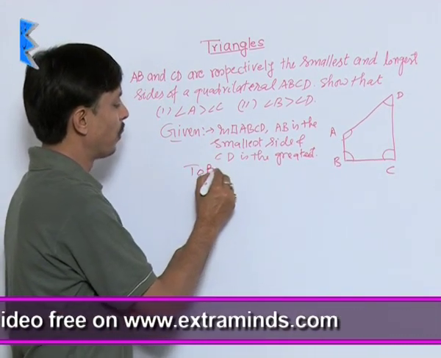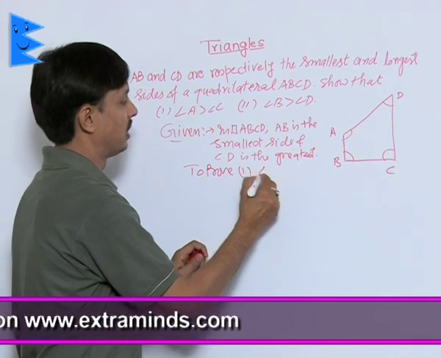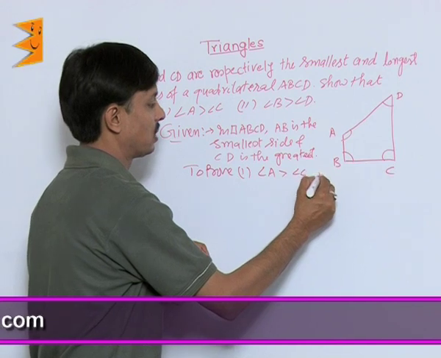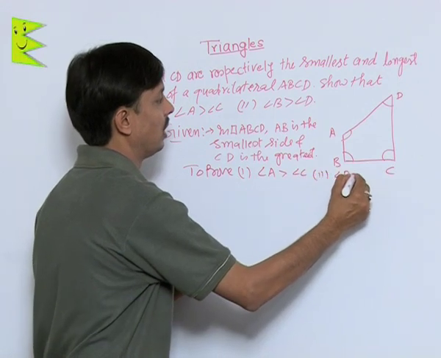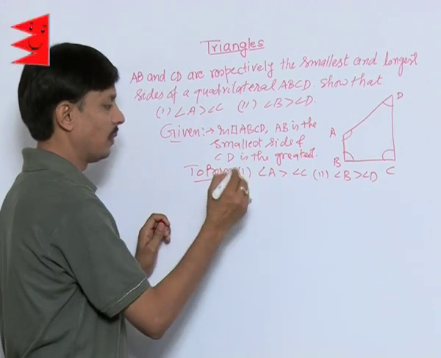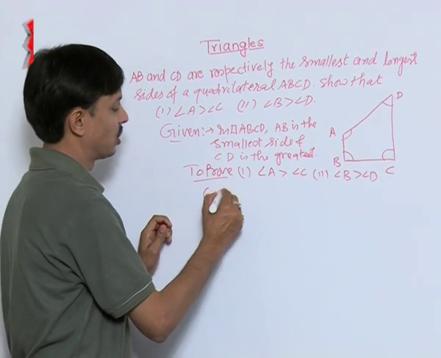What we need to prove is written in two parts: that angle A is greater than angle C, and second, angle B is greater than angle D. To prove this, I need to do construction.